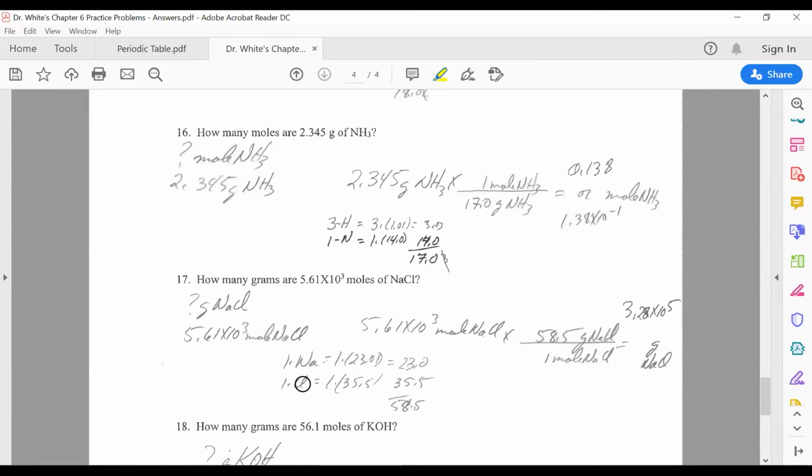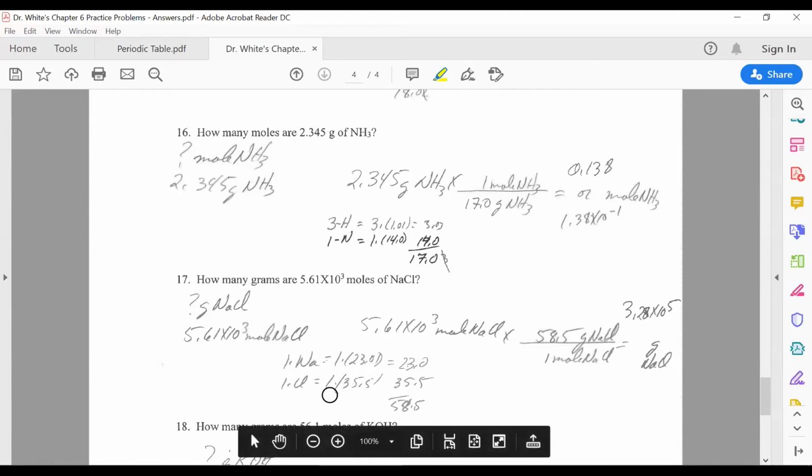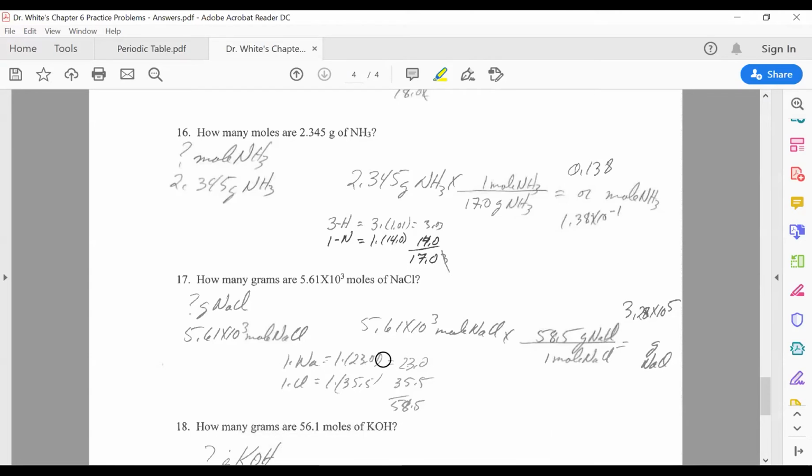1 sodium, 1 chlorine. The atomic weight of sodium is to 3. I don't know where that 1 came out, but ignore it. Oh no, my problem set has been attacked by the dreaded 1 virus. It's enough we have to deal with COVID-19. Now we got to do the 1 virus. This should be 23.0.